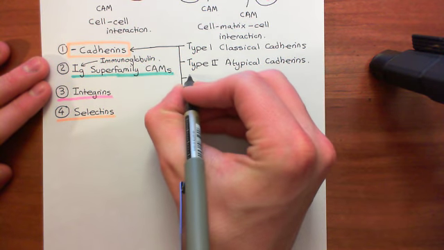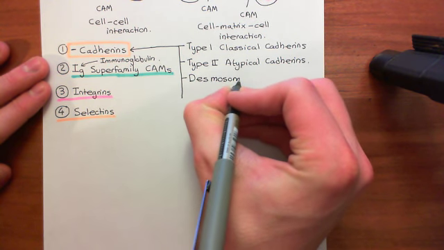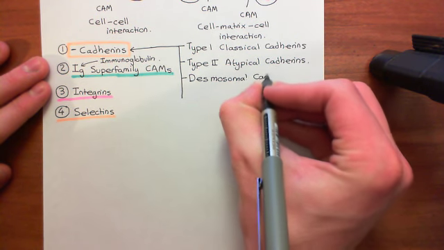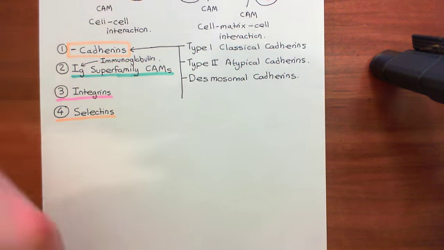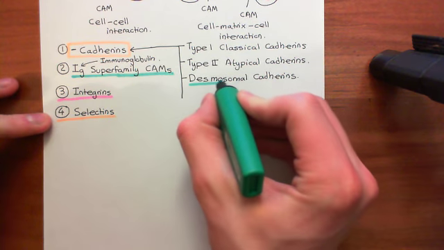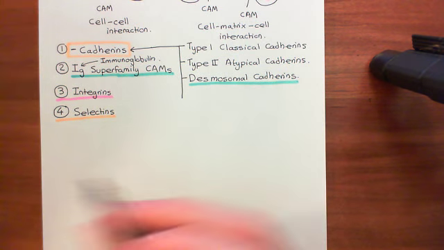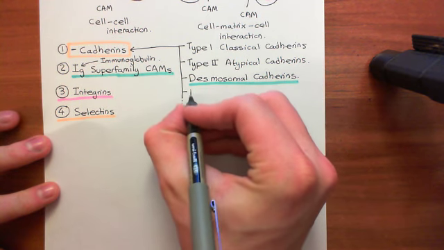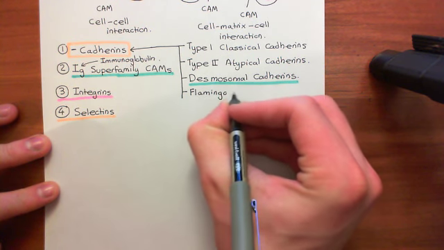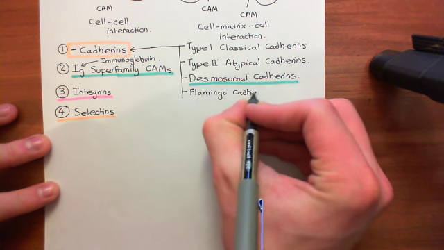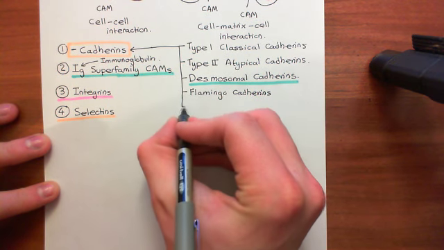Then next up is the star of the show. This is the desmosomal cadherins, and we will be discussing them in more detail because they are going to be involved in the formation of desmosomes, hence their name. Then the final two families, we're getting more and more niche basically: the flamingo cadherins, and the protocadherins as the fifth family.